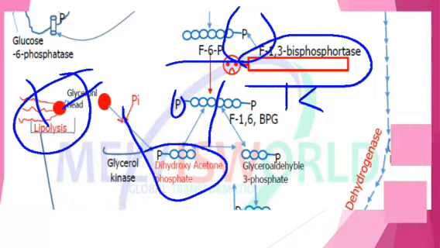It can as well be merged together to form fructose 1,6-bisphosphate. The free fatty acids can then flow down.